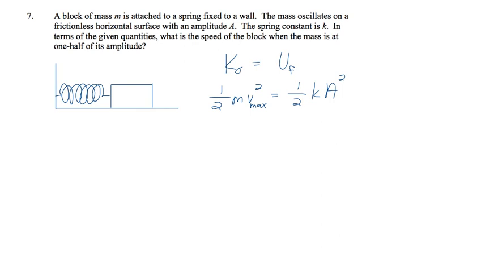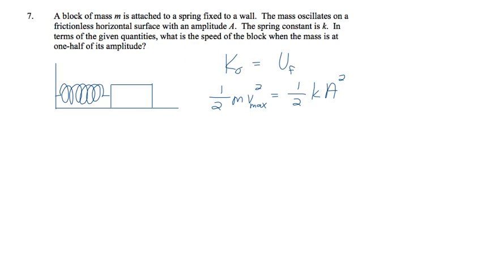And then, once I know that, like I know when it's at half its amplitude, it's actually going to be at half its energy. And the reason for that is kx, that if I double the x, I double the energy.